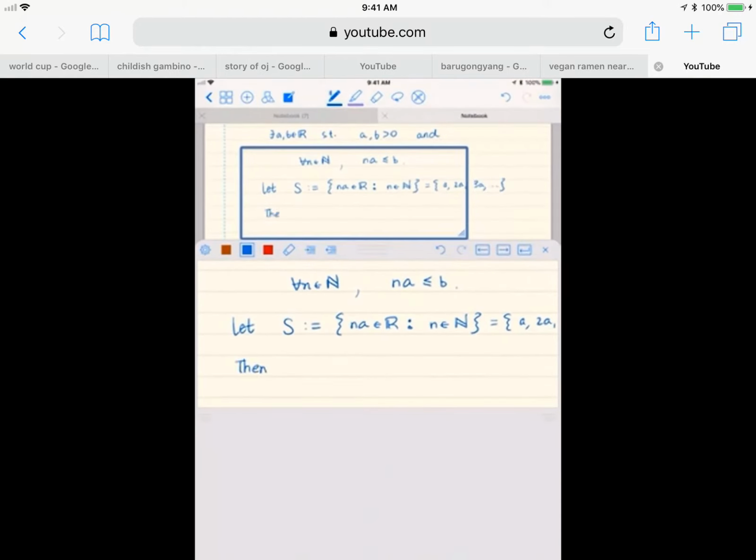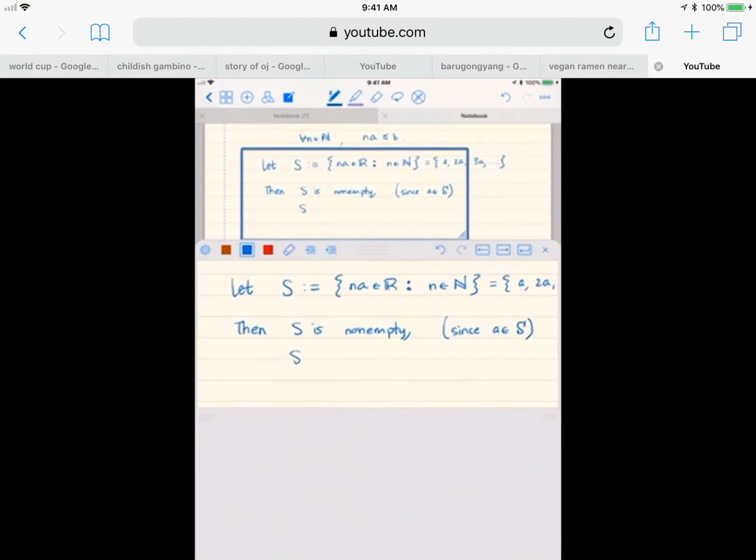It's also a set that is non-empty because a belongs to our set S. So it's non-empty, bounded above, and by the completeness axiom, there exists a supremum of this set. There's also a subset of R by construction.